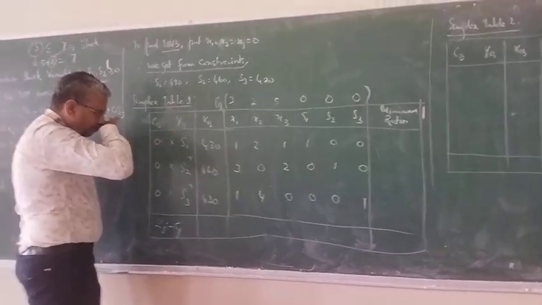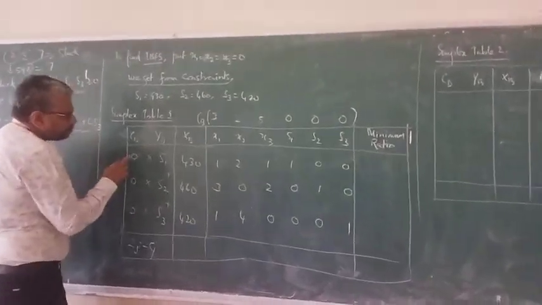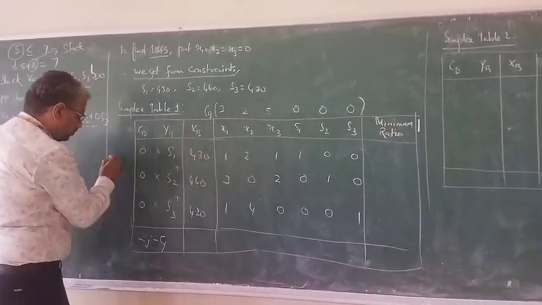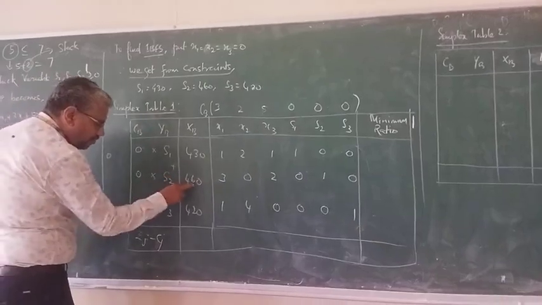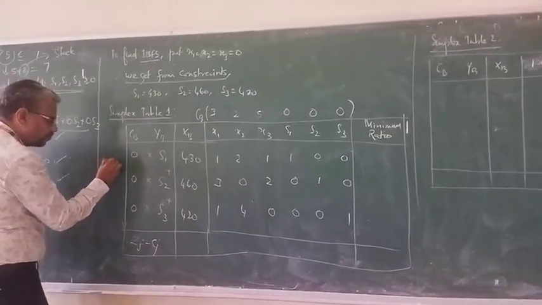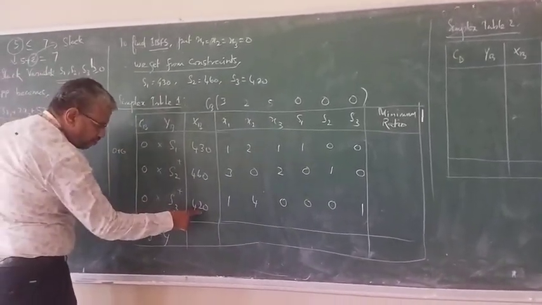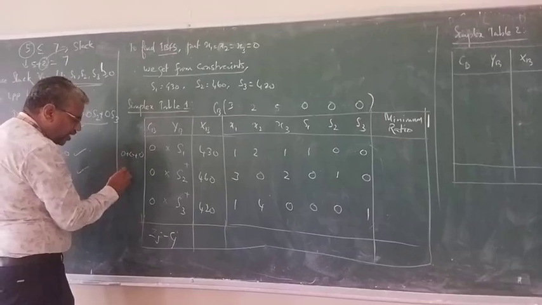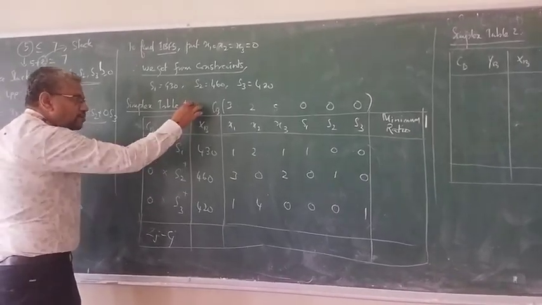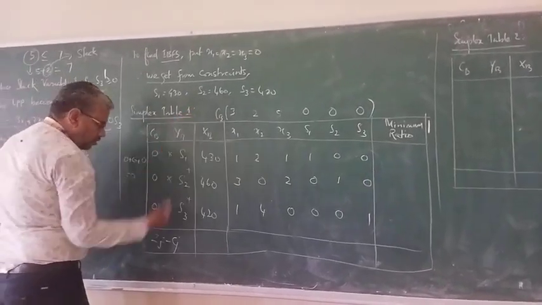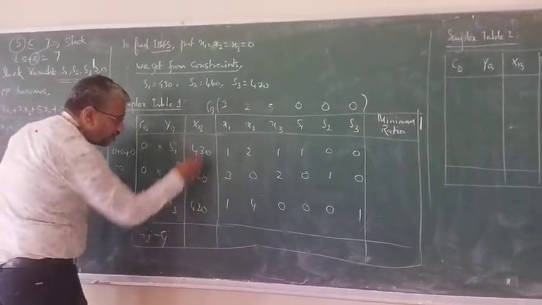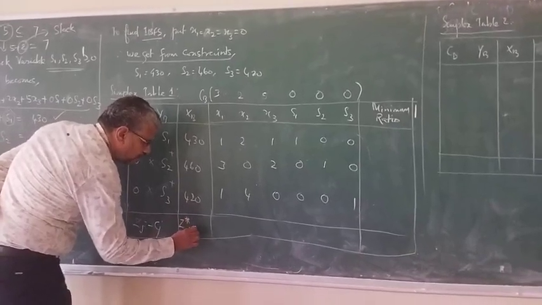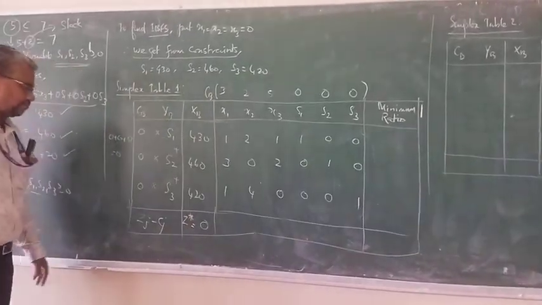For the first table it must be very easy to understand; for the second table we will have to calculate. So 0 into 430 is 0, 0 into 460 again 0, 0 into 420 again 0. You add all three values so the answer is 0. There is no cost for the IBFS, therefore Z star equals 0 for the first table.